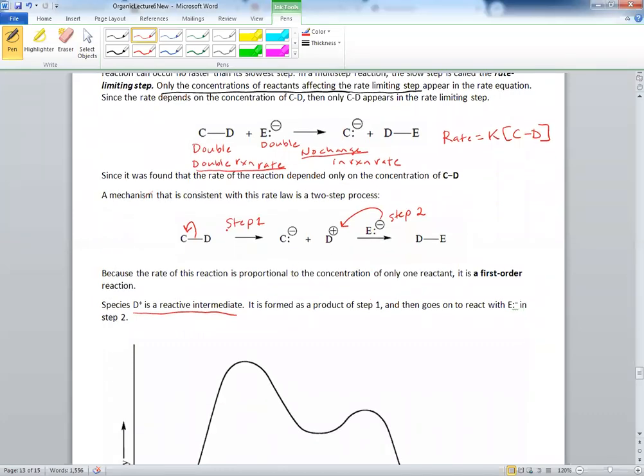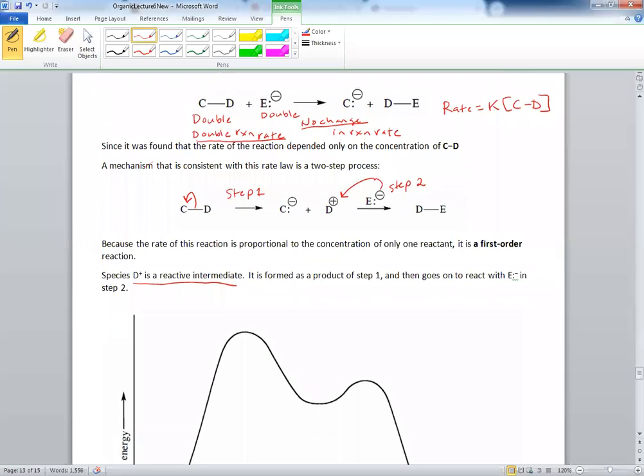So notice how it's two steps. This did not go from CD to DE in one step. It had to break the bond first, create C as an anion, D as a cation. This is your electrophile, and then this is your nucleophile, and then this is your final step.